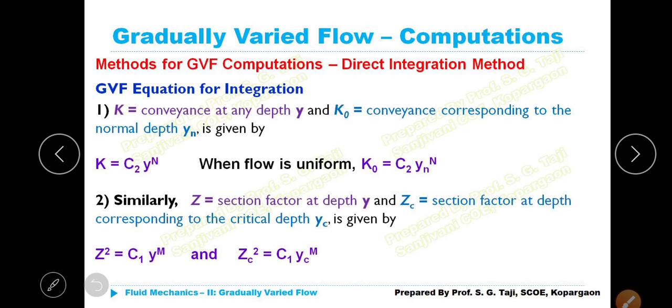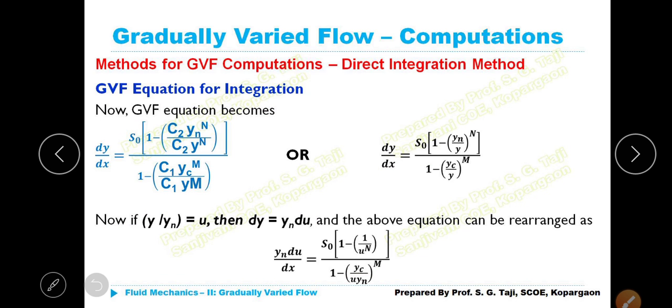K is equal to conveyance at any depth y and K naught is conveyance corresponding to the normal depth yn. Therefore, K is equal to C2 y to the power of N when flow is uniform. K0 is equal to C2 yn to the power of capital N. Similarly, Z is equal to the section factor at depth y and Zc is the section factor corresponding to the critical depth yc, and it is given by Z squared is equal to C1 y to the power of M, Zc squared is equal to C1 yc to the power of capital M. Is it clear?